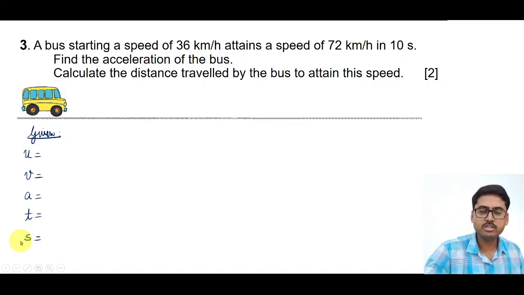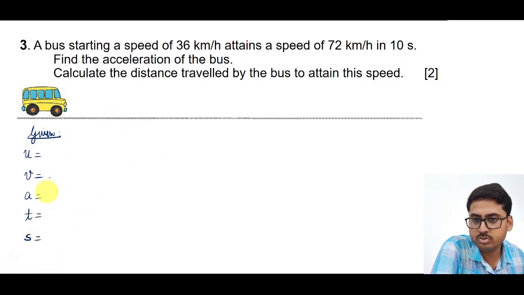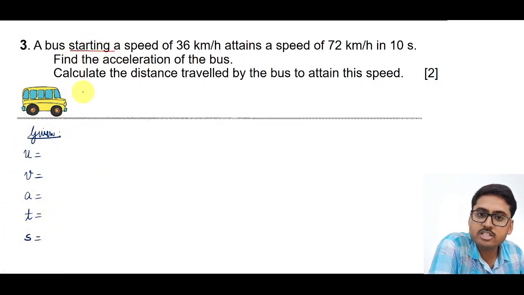So you should keep this table ready, and now as you read the question, you can put the information in the given column over here. A bus starting at a speed, so starting means what?